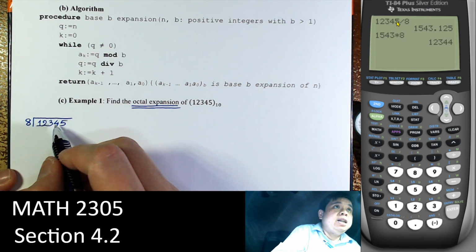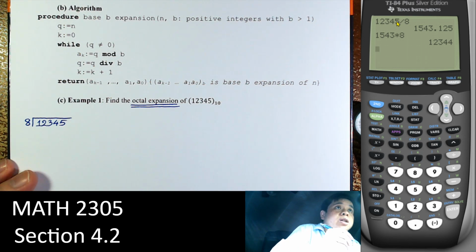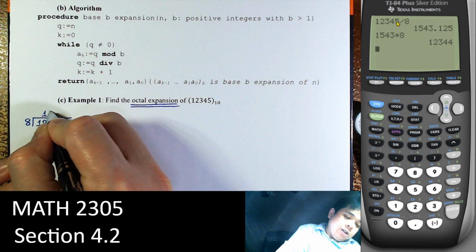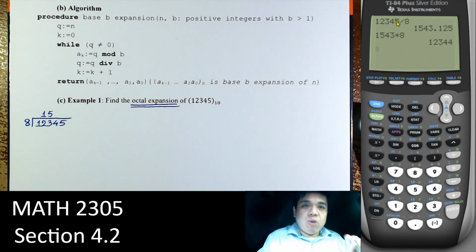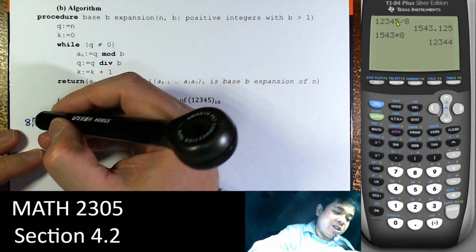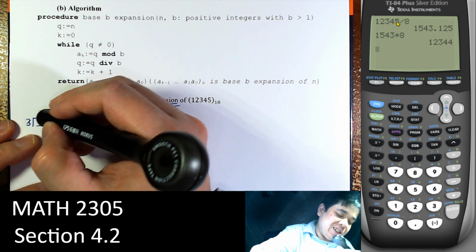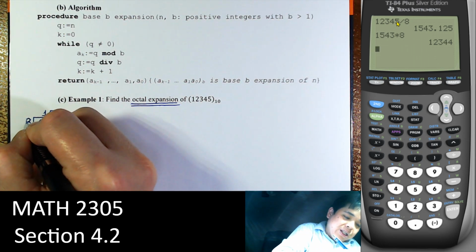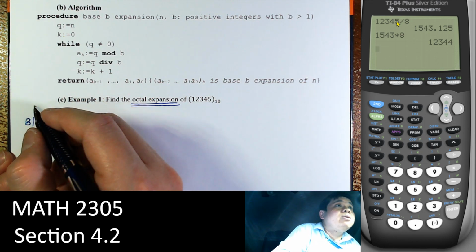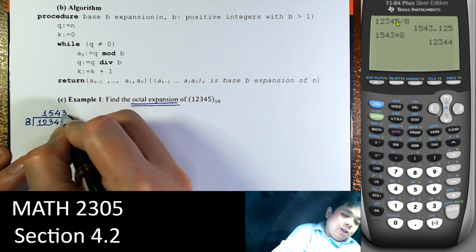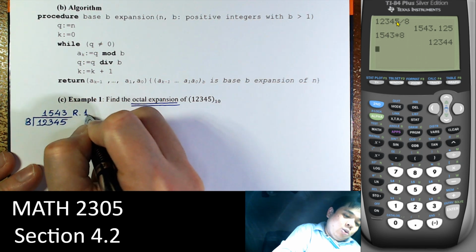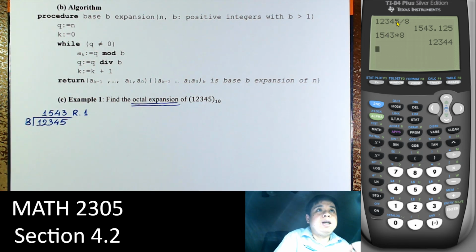If we divide here, the quotient is 1543. Actually, this one we should write backward. Sorry, I forgot. Okay, that's fine. Let's just write 8 into 12345, the quotient is 1543, and the remainder is 1.